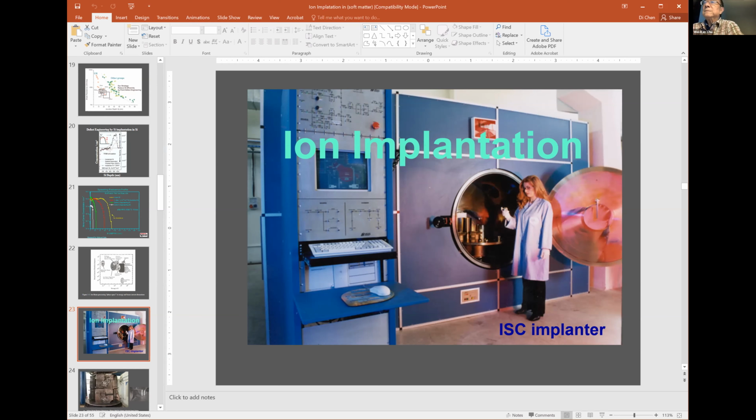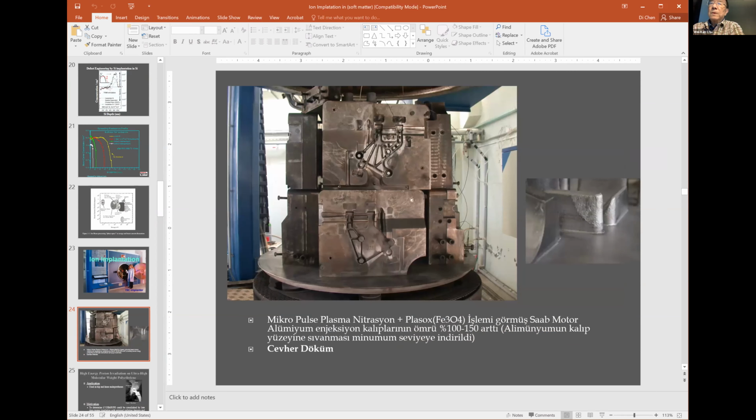The next one. I apologize for all the language here. It's in Turkish, so I don't know how to read it, but it doesn't matter. The important part is the target pieces could be extremely big.